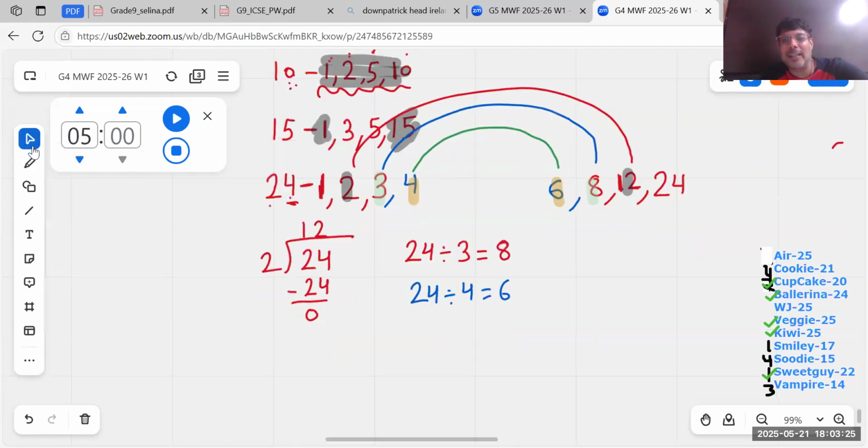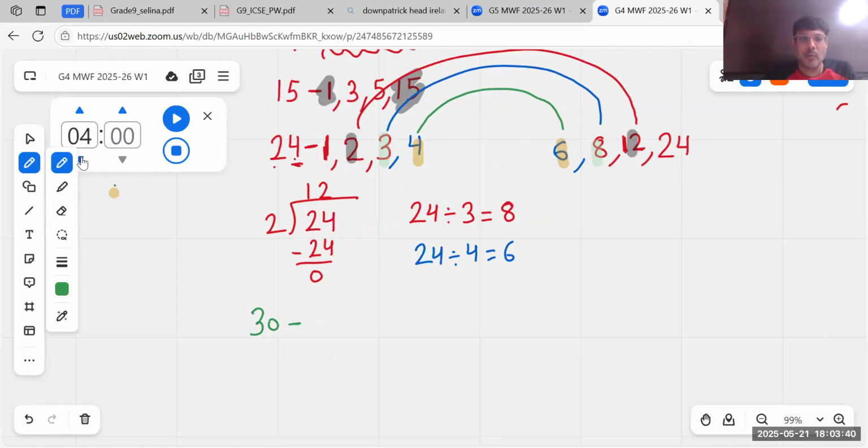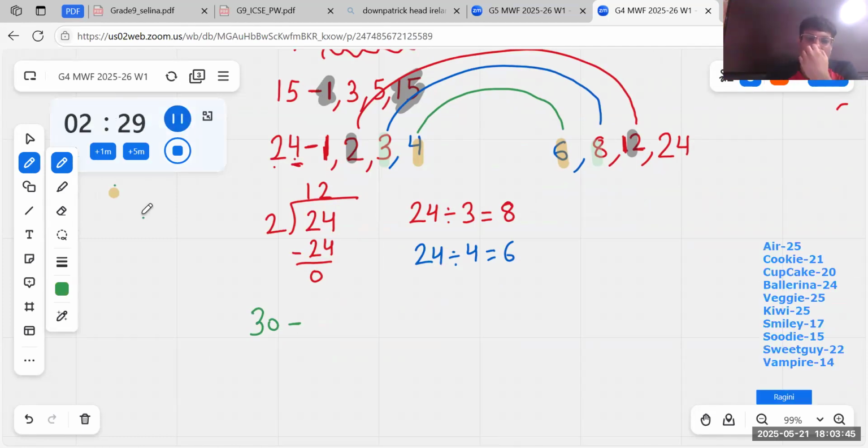So we will find the factors of 30. You guys need 2.5 minutes, that will be sufficient.